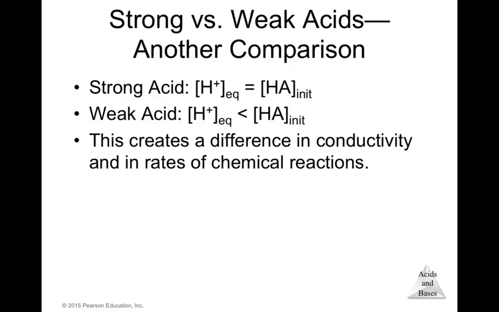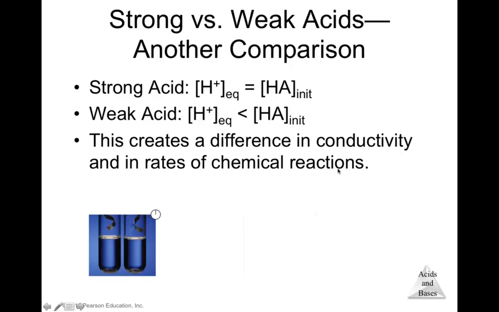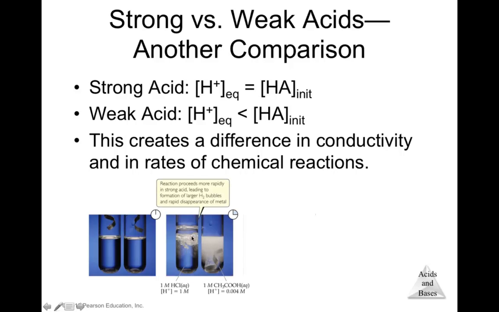So this creates a difference in conductivity and in rates of chemical reactions. Here we have an example of a chemical reaction. We have a piece of metal in both acids. This one is strong acid and this one is weak acid. As time goes by, we can see they start to react, producing hydrogen here. But this one is basically completely dissolved, basically all the metal has reacted with the acid.